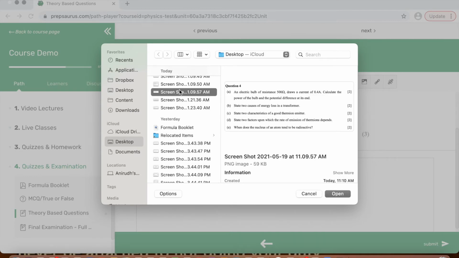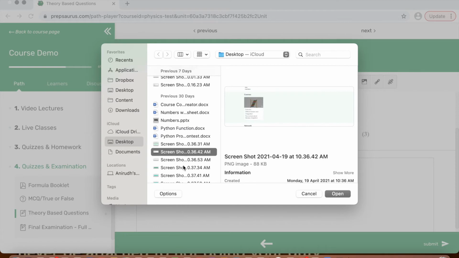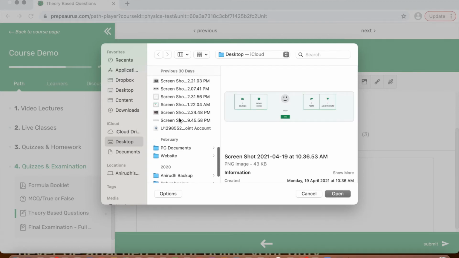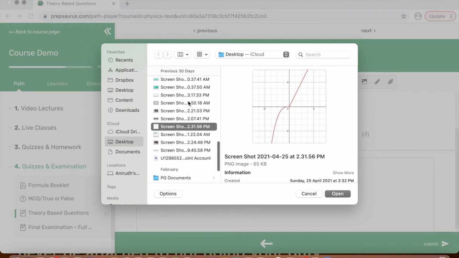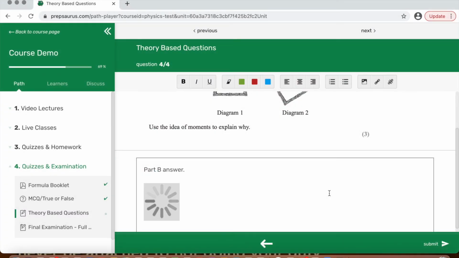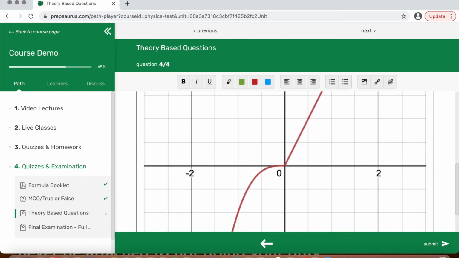So let's say in this example, we put in the photo again of the solution and type in the text as well.